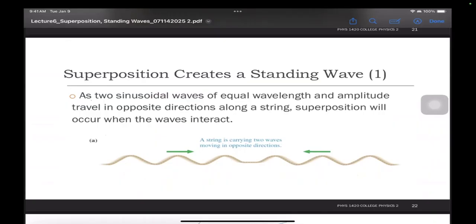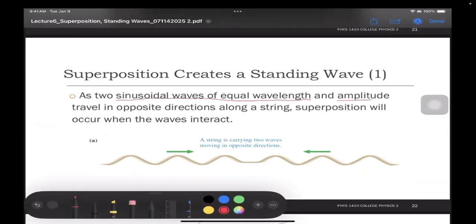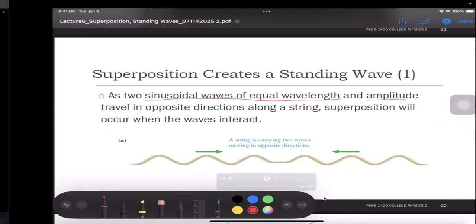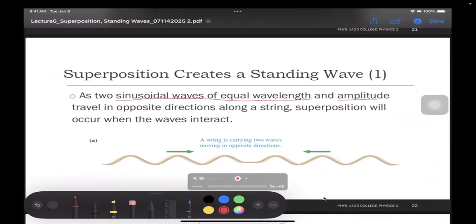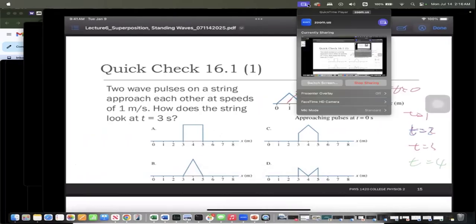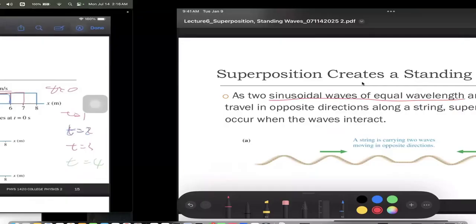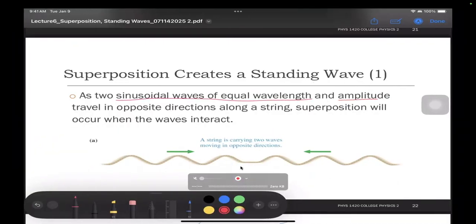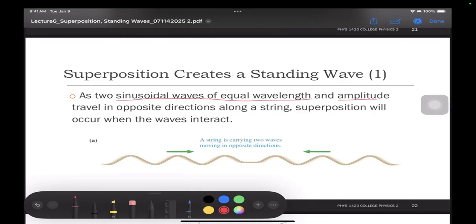Firstly, the superposition can create a standing wave. You can see two sinusoidal waves of equal wavelength and amplitude travel in opposite directions. I have already shared my screen. Sorry, I just want to double check. There are two sinusoidal waves and they have equal wavelength and amplitude.